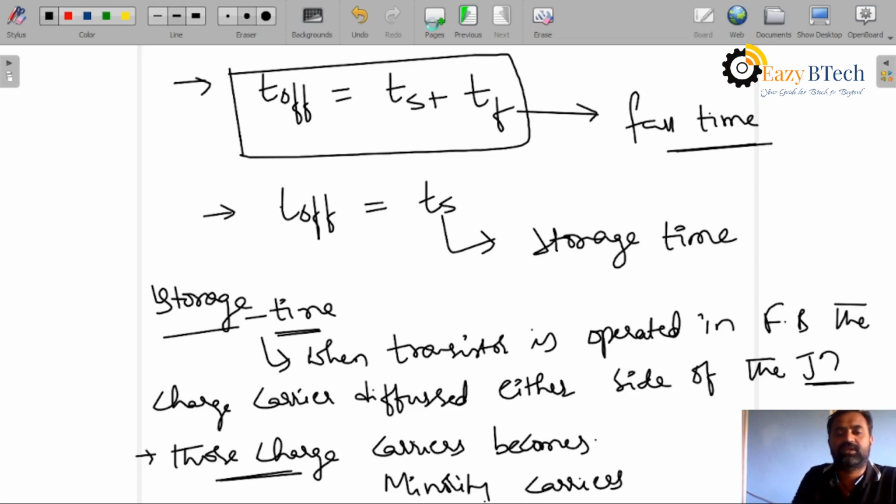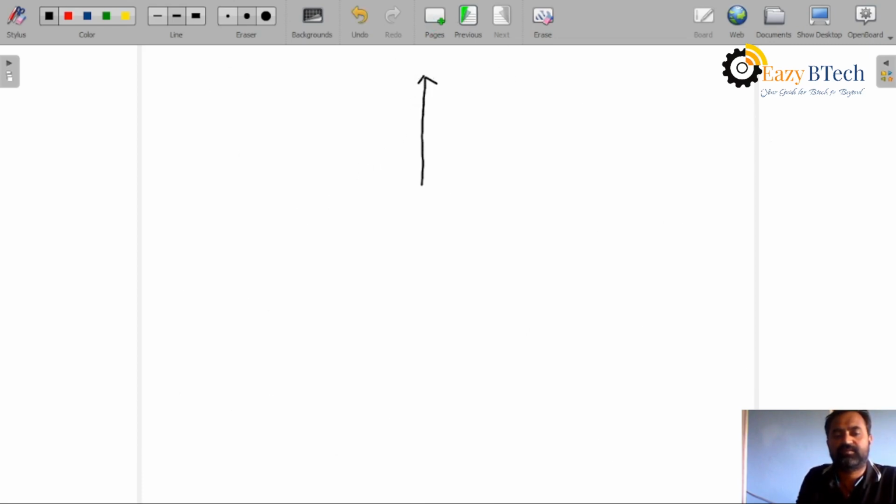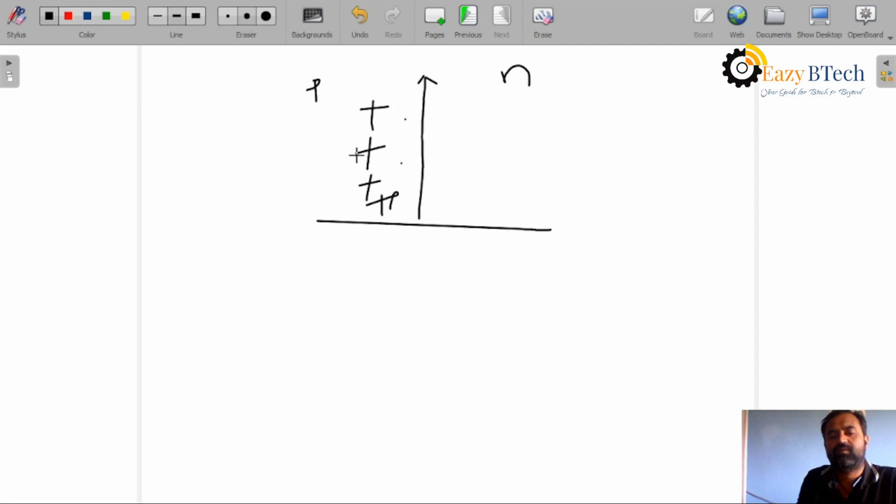You can see here, suppose now it is a P side and it is an N side. During the forward bias, holes will cross the junction, and across the junction their concentration is the maximum.